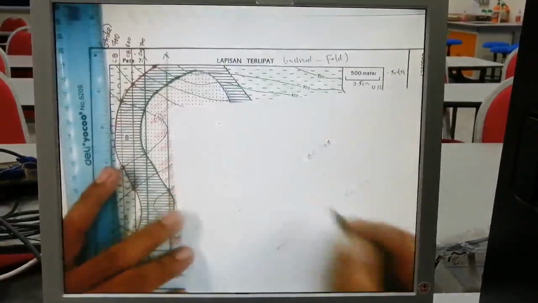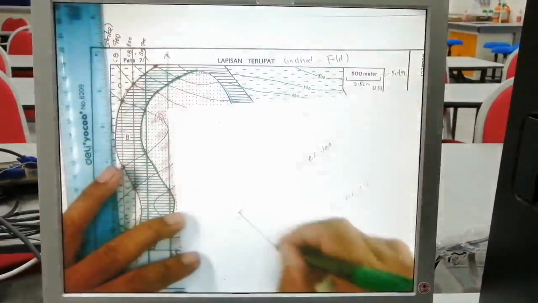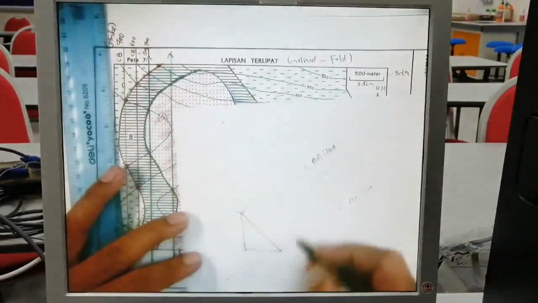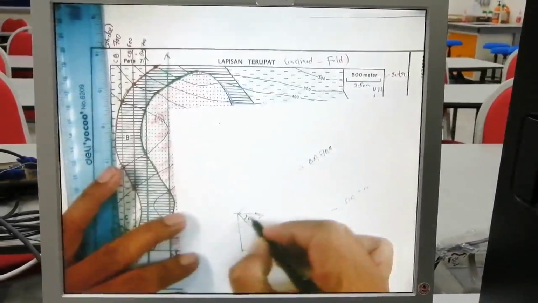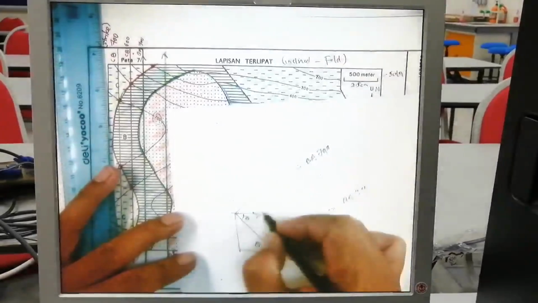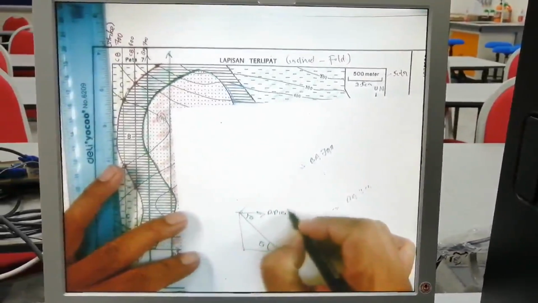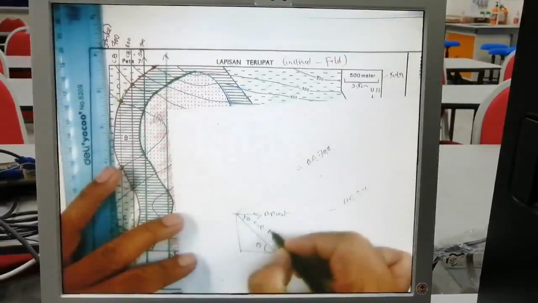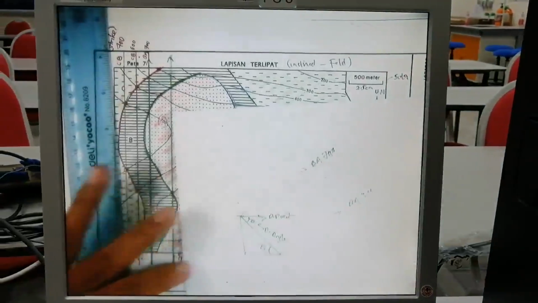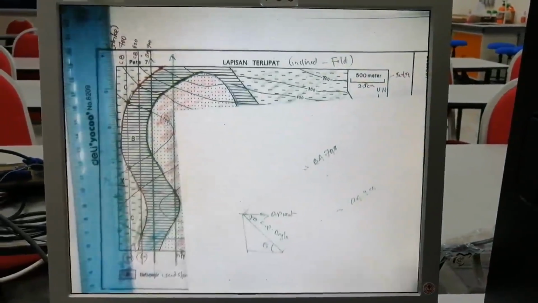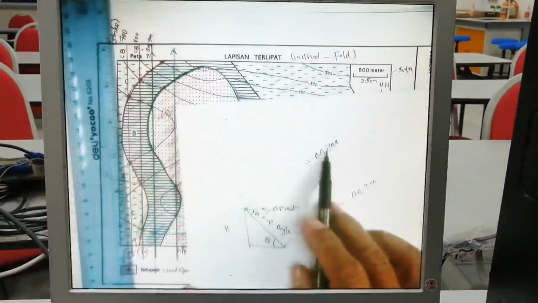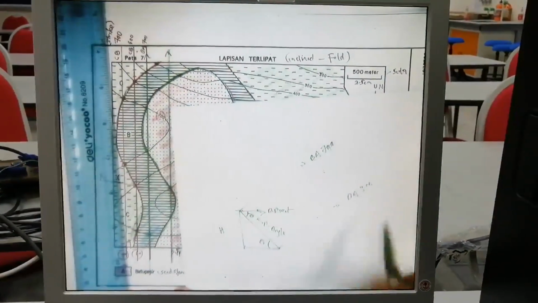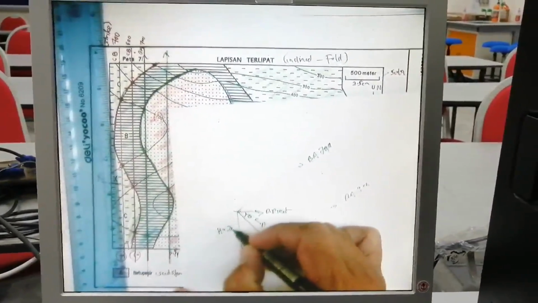So similar to this, we have to draw a graph, and then this is the dip angle, and this is the dip direction. Because the height here is 700 minus 500, we have 200.